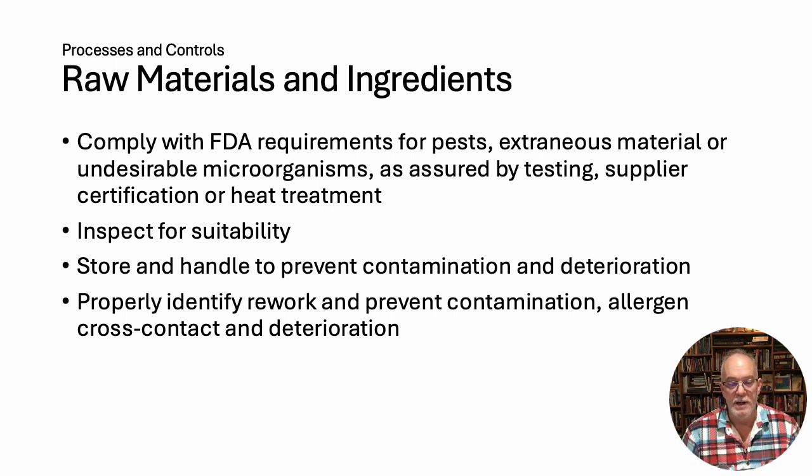We're making sure that we receive, store, and handle these raw materials in a way to prevent contamination, prevent cross-contact, and prevent deterioration. So we're following it from the boat to the throat. We're managing this stuff. GMPs, 21 CFR 117 Subpart B, section 117.80 covers my raw materials and ingredients.